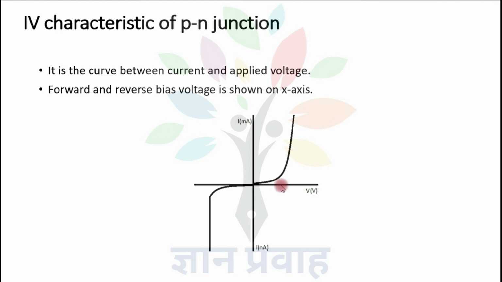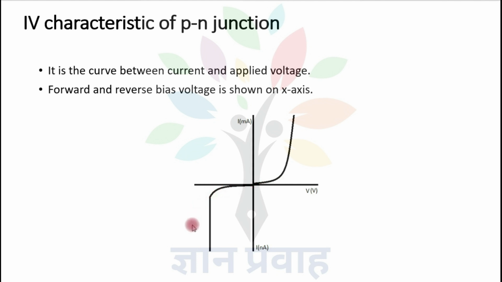In case of germanium, the knee voltage is 0.3 volt. So when the applied battery potential is above this cut-in voltage, a large current flows through the PN junction in the diode.